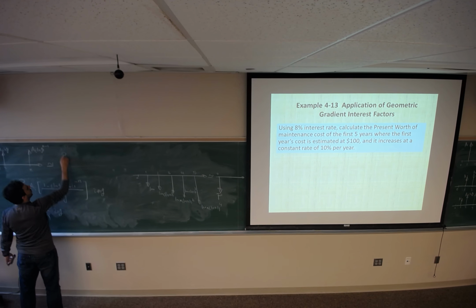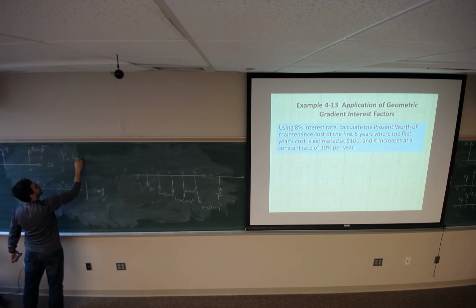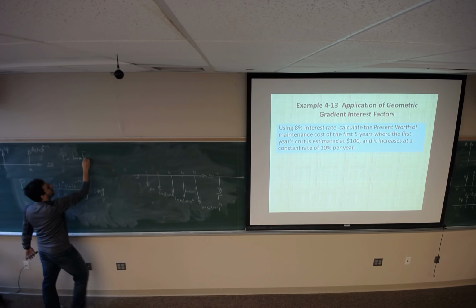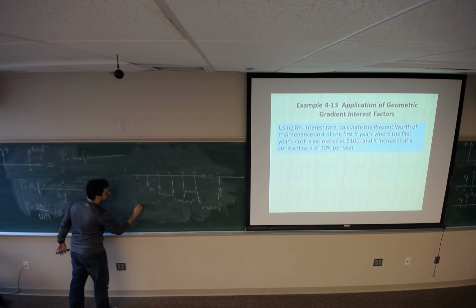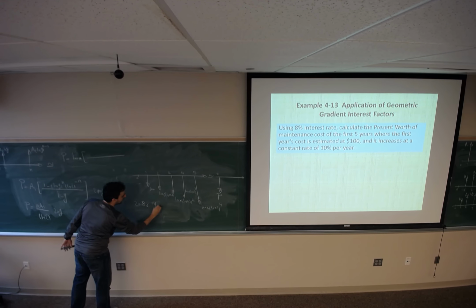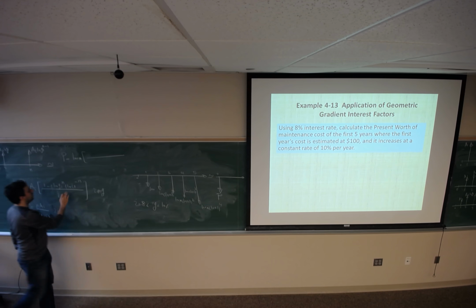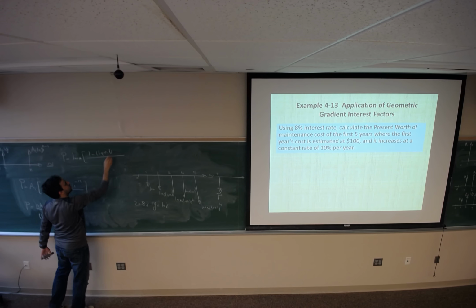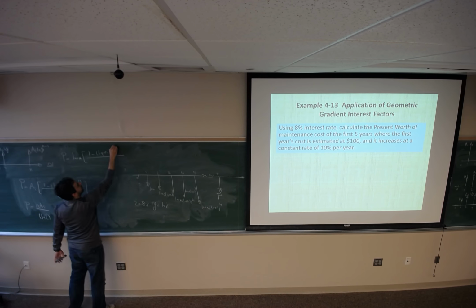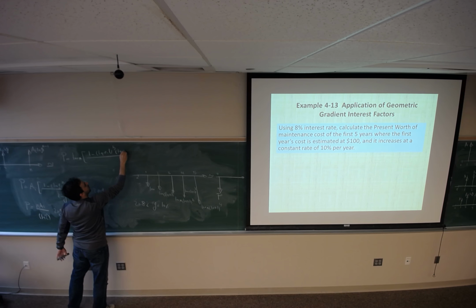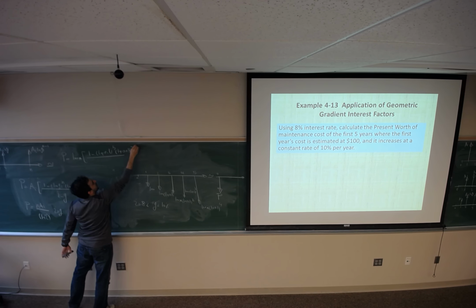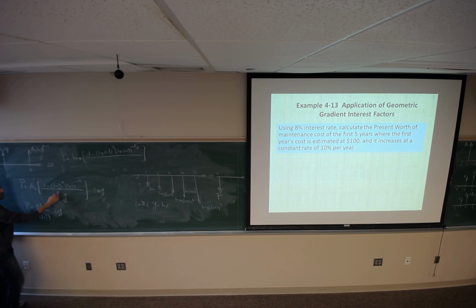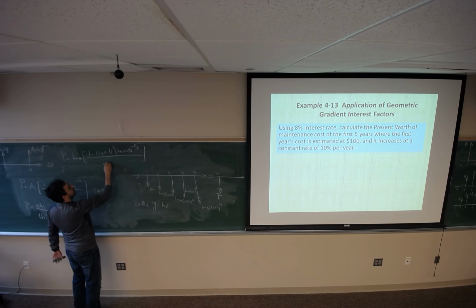P equals 100 multiplied by... I is 8%, G is 10%. They are different, so we can use this one: 1 minus (1 plus G, which is 0.1) to the power N, which is 5, times (1 plus 0.08) to the power negative 5, and here I is 8%, so 0.08 minus 0.1.